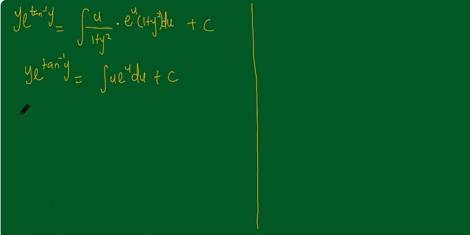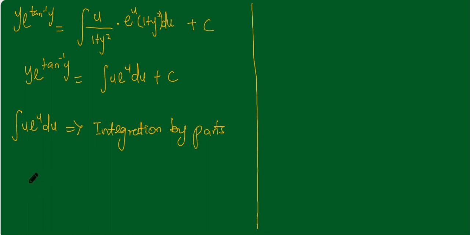So we now evaluate the integral of u e raised to power u du using integration by parts. On evaluating it using integration by parts, we have the integral of u dv is equal to uv minus the integral of v du. So this is our formula for integration by parts.